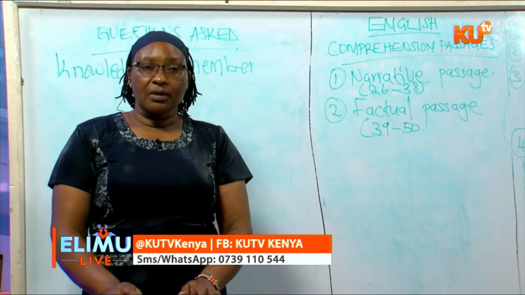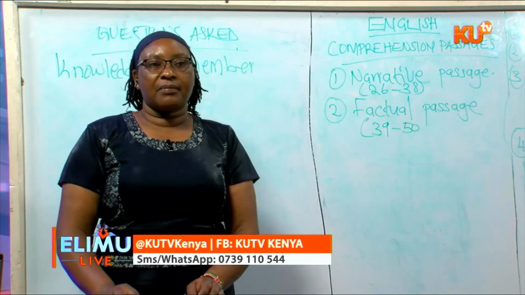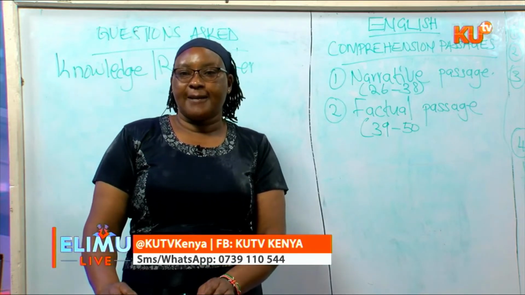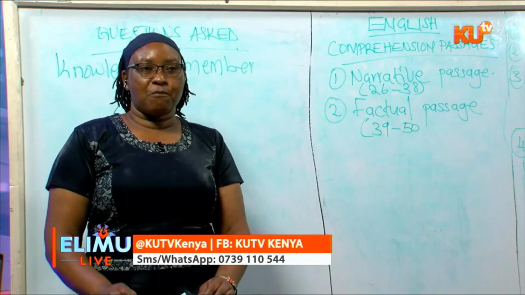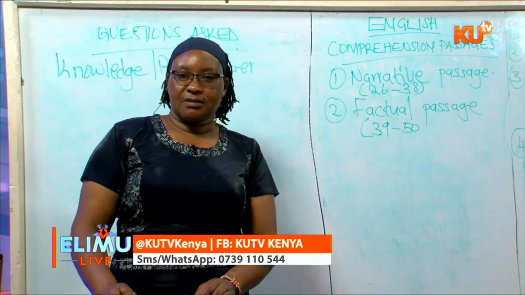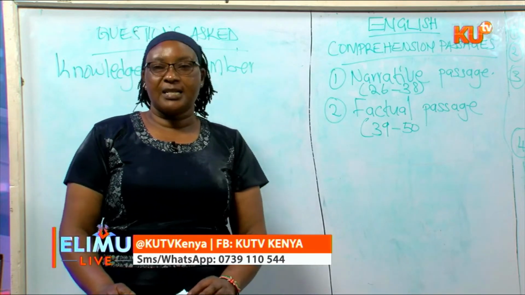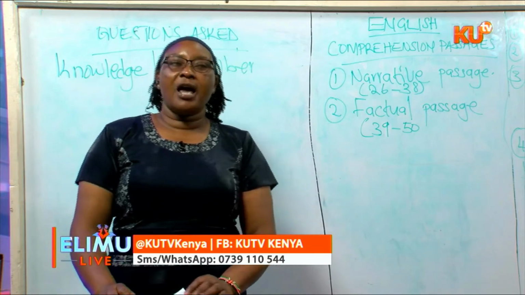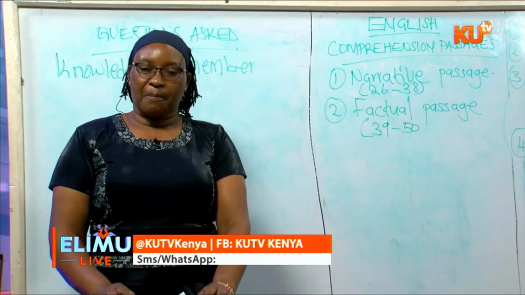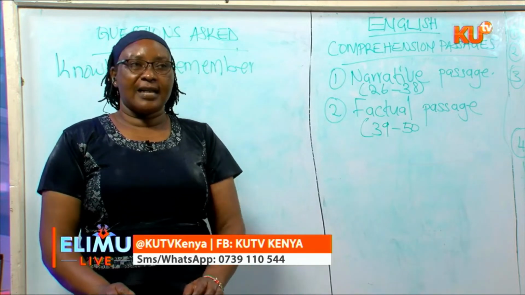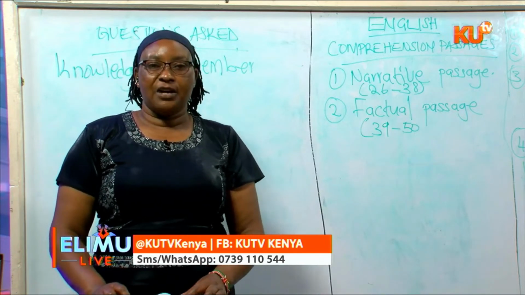So, this reminds us that as we read our stories, it is very important that we number the paragraphs. When you read paragraph 1, you write 1. When you read paragraph 2, you write number 2. This will help you to answer your questions if asked about a certain paragraph. So you don't have to go counting again after you have already read.